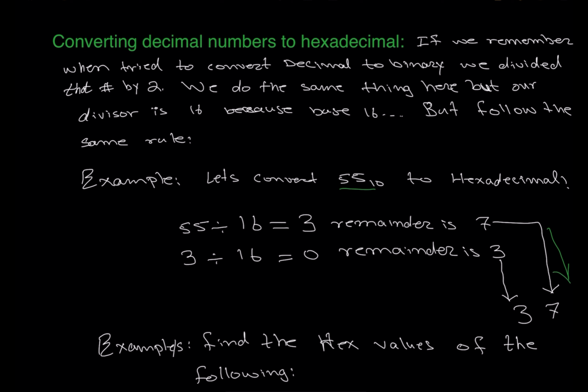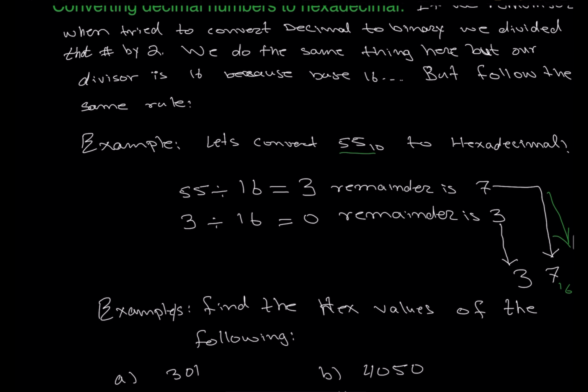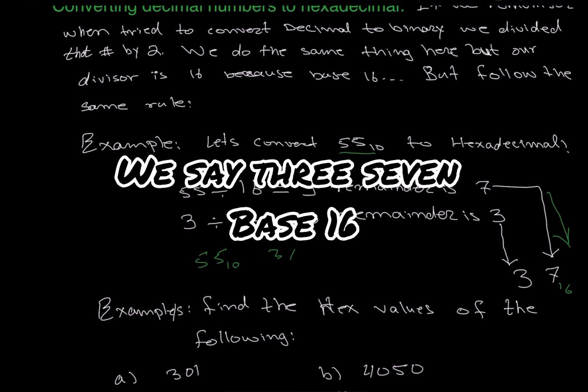Now we have a 3 as the quotient. 3 divided by 16, there's nothing we can do, so it'll be 0. The remainder is 3. So 3, 7, base 16 is our hexadecimal number. So 55 base 10 is equal to 37 base 16.